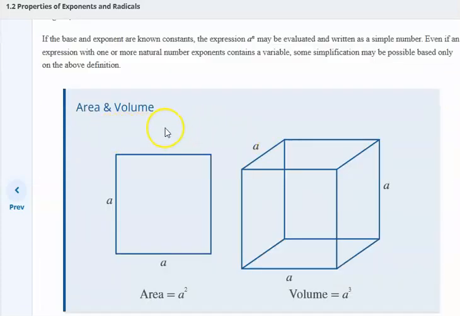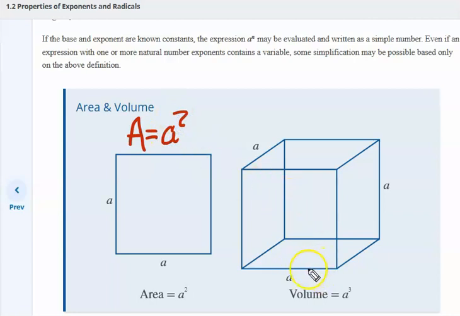Looking at background, if we have a square whose sides are equal, the formula for area is, if it's a square, just the sides squared, so A squared.